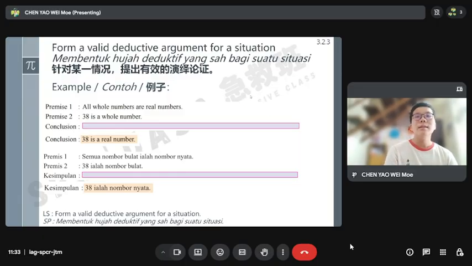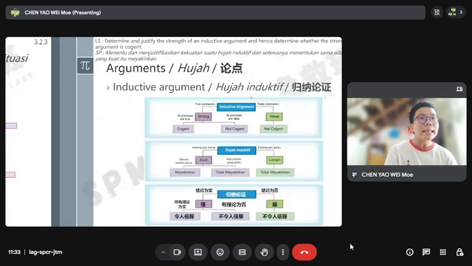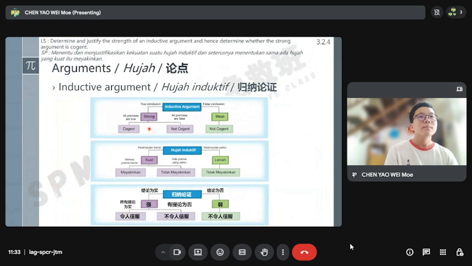How to determine for the inductive argument? For inductive argument, we have only these things: strong, weak, cogent, and not cogent. For the inductive, we determine the premise first, the valid.